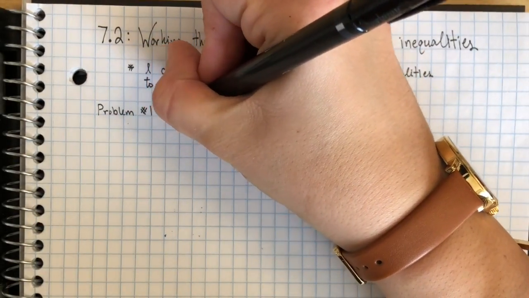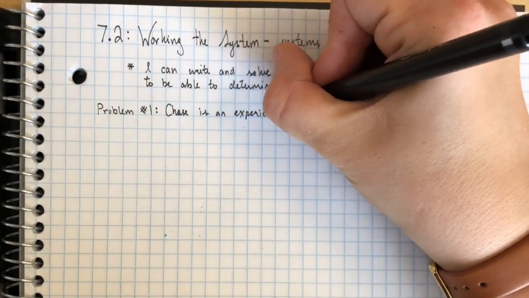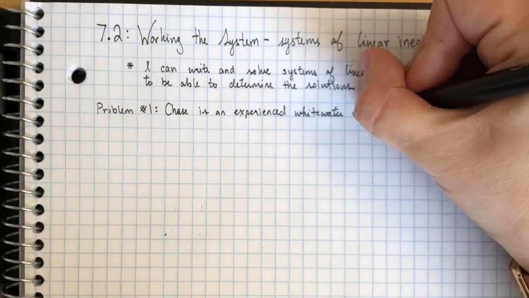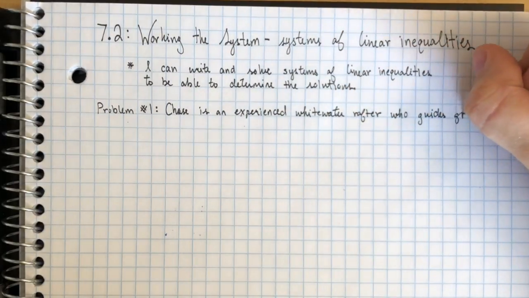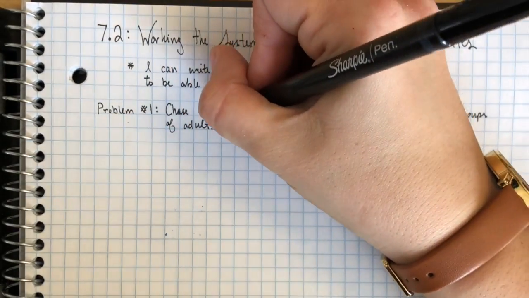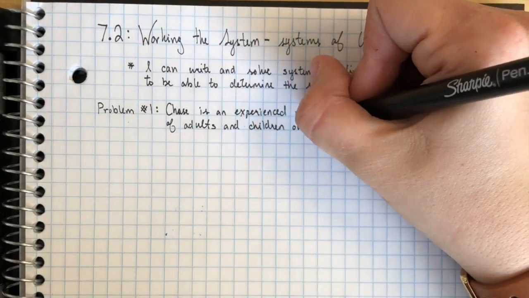So this particular problem says Chase is an experienced whitewater rafter. And he's going to guide groups of adults and children out on the water for these rafting adventures.